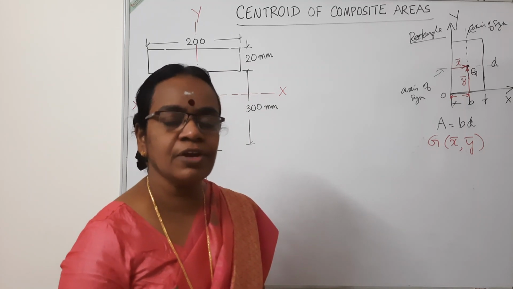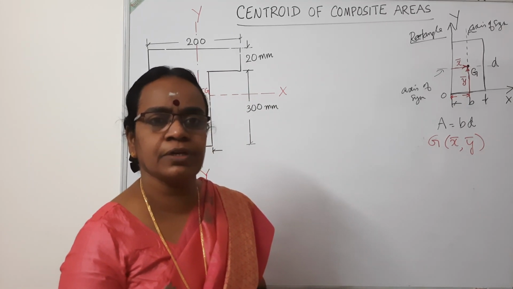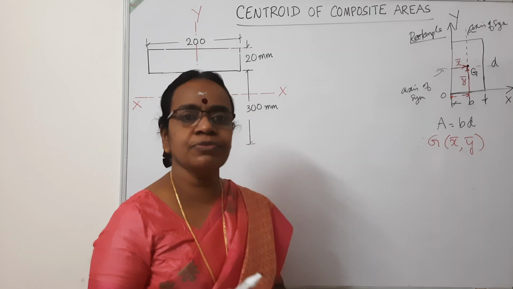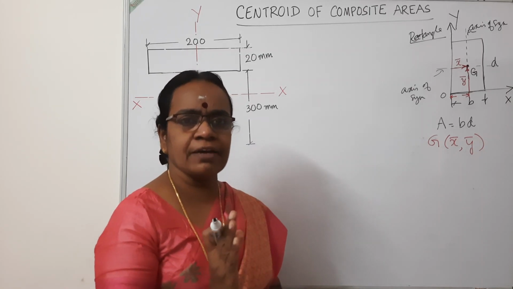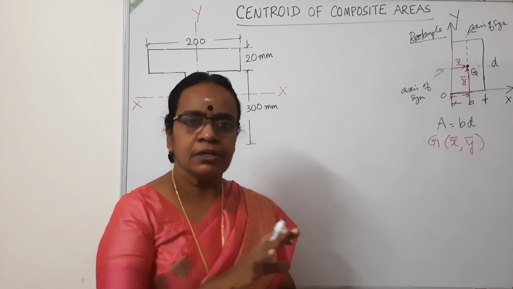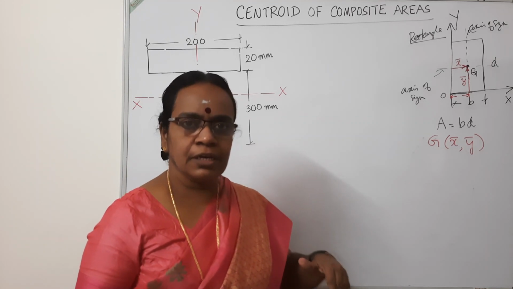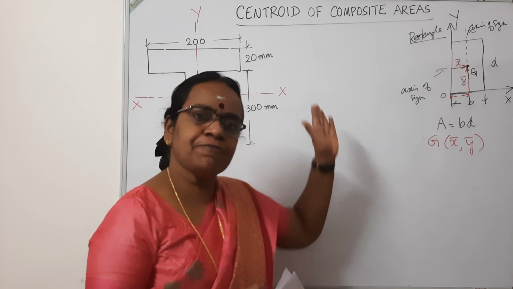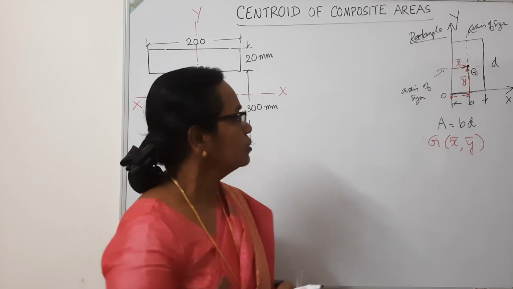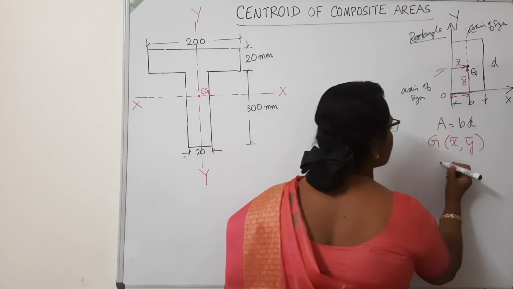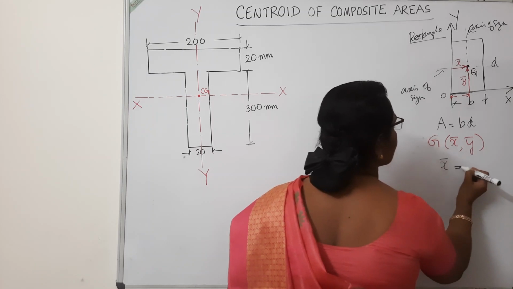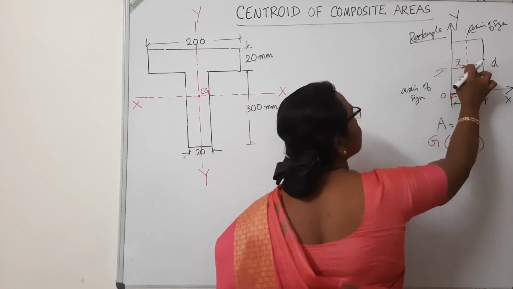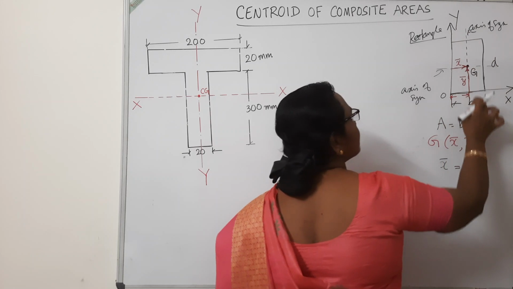So we have to locate the centroid, means locate the position of the centroid, its coordinates with reference to some reference axes. Normally we are going to take the reference axes as the bottommost line of the figure and the leftmost line of the figure. So according to this, what is x bar here? The distance from the y-axis up to the center of gravity axis.